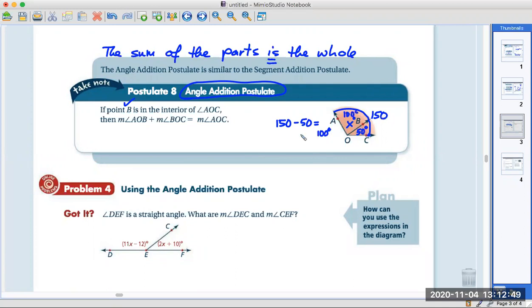Now you subtract. So what this means is the whole minus the part. Oh, this is the word minus.